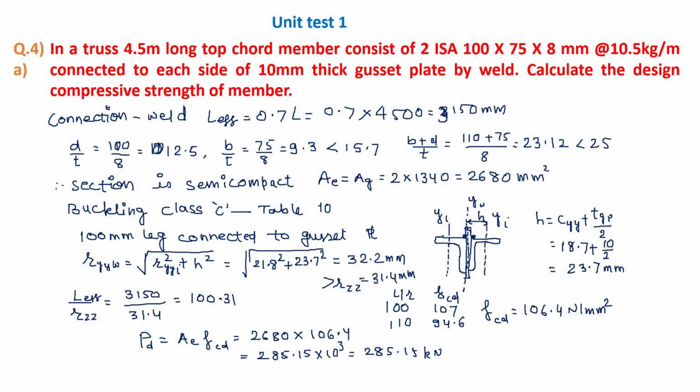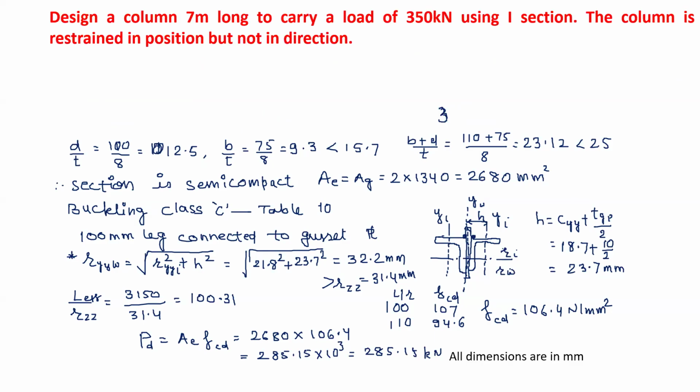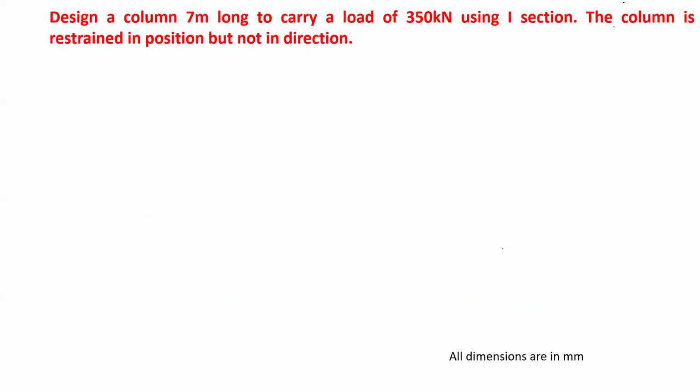So 2680 into 106.4. Yes, so this is the main thing you have to see. RZZ, we have seen there is no change in RZZ. It is the same for the individual and for the whole section also. Then we have another problem.